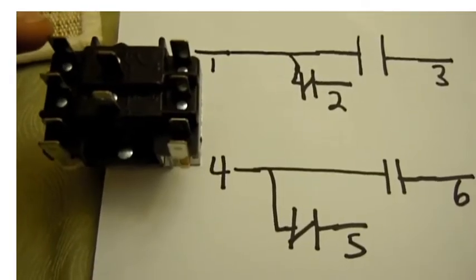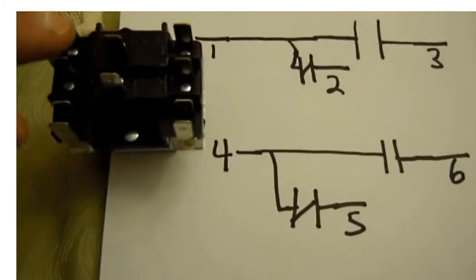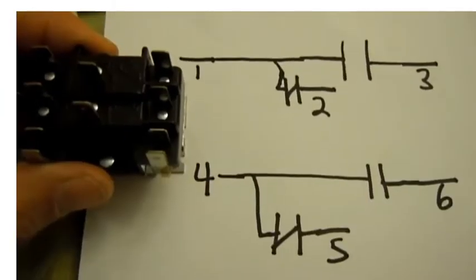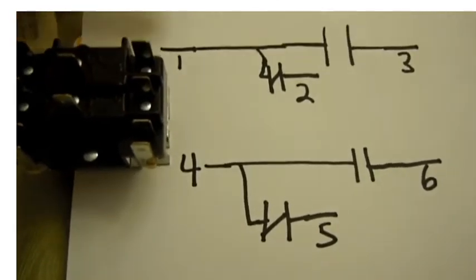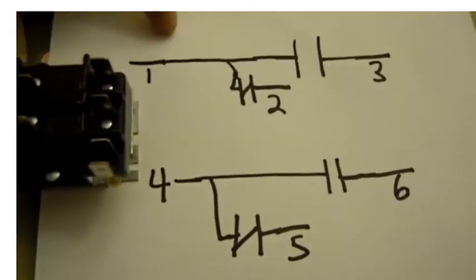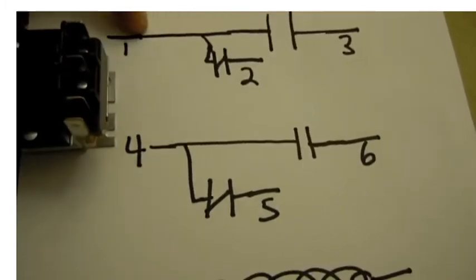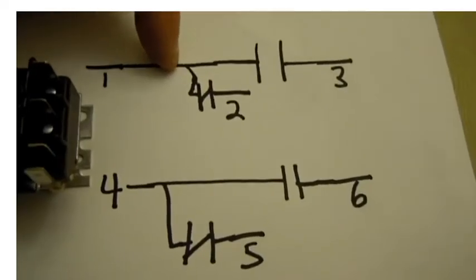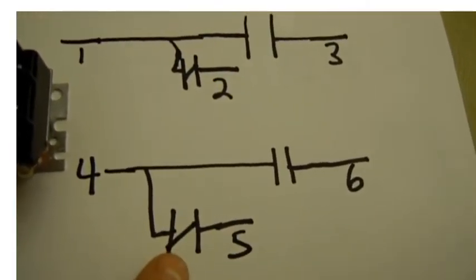Here's your first pole, which is position 1, as shown here, and your second pole, which is position 4. What makes it a double throw is that when this relay is energized, it closes the switch between 1 and 3 and 4 and 6, thus making positions 2 and 5 open.